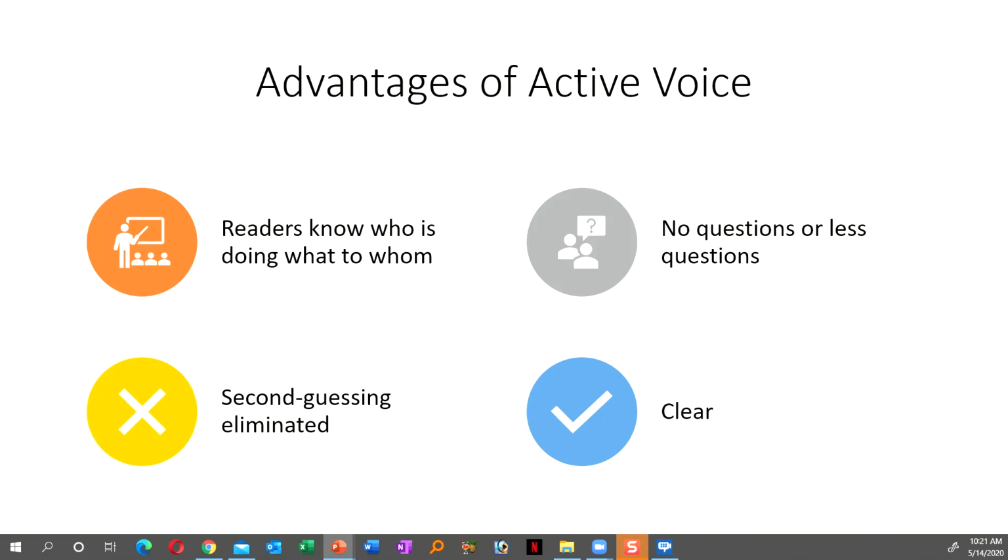Also, advantages of active voice: there are no questions or fewer questions. What that means is that it's clearer. So certainly when you're talking to someone and you have a discussion with someone in business, there's less back and forth questions. And believe it or not, questions are good. I've always stressed that.